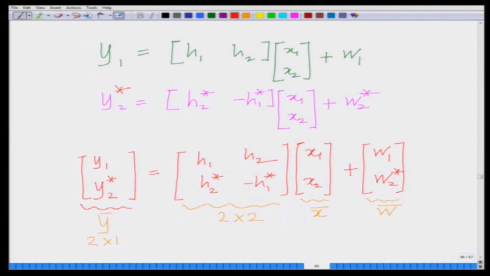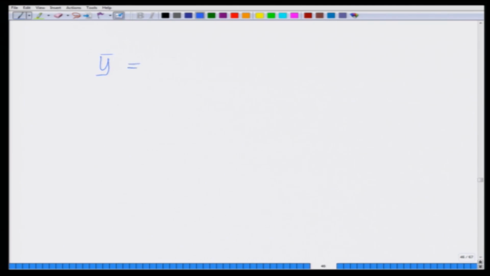I can also denote the first column of this matrix by C1 bar, and the second column by C2 bar, and therefore, I will have y bar equals C1 bar times x1 plus C2 bar times x2 plus w bar, where C1 bar is the first column, C1 bar equals H1 H2 conjugate, and C2 bar is the second column, C2 bar equals H2 minus H1 conjugate.